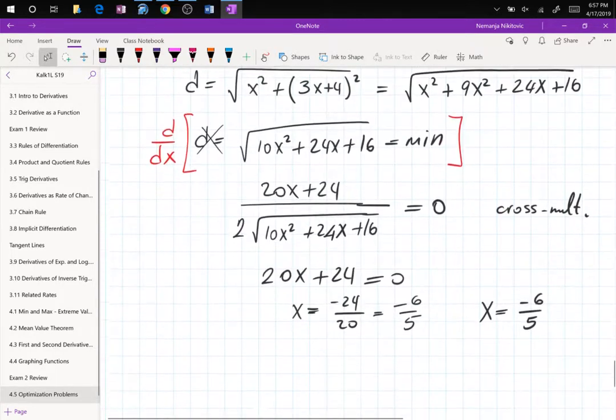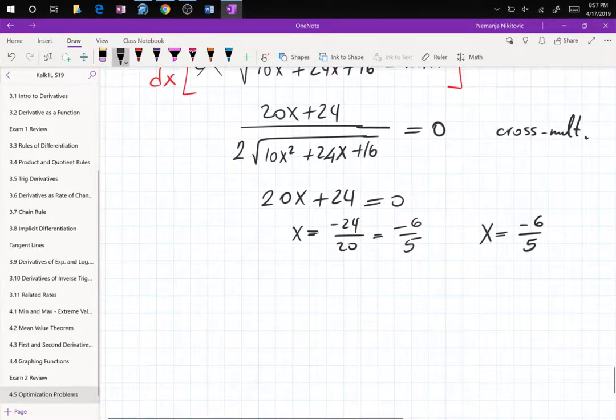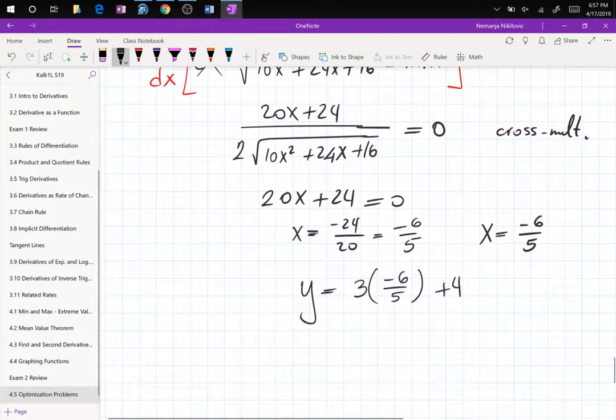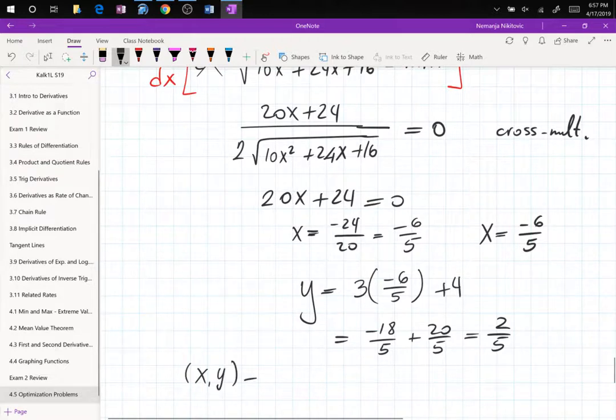So y is equal to 3x plus 4, which is negative 18 over 5 plus 20 over 5, equals 2 over 5. So the xy location we are looking for is negative 6 over 5, 2 over 5. That's the answer.